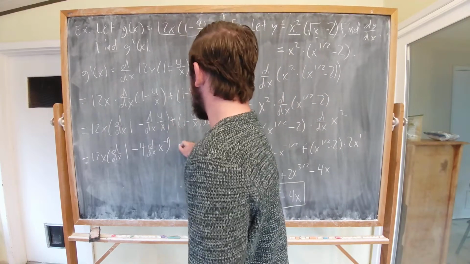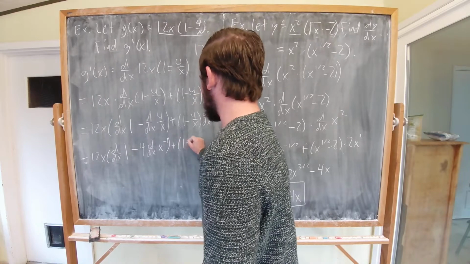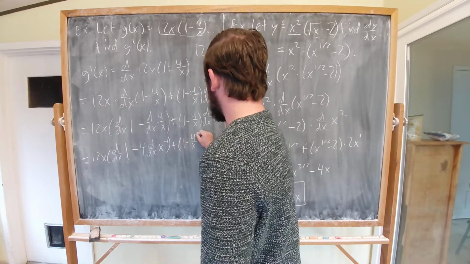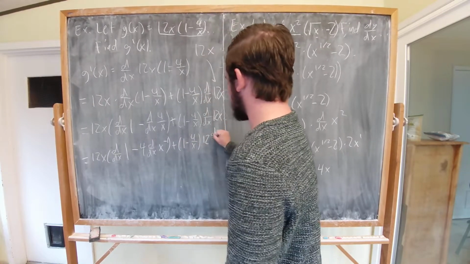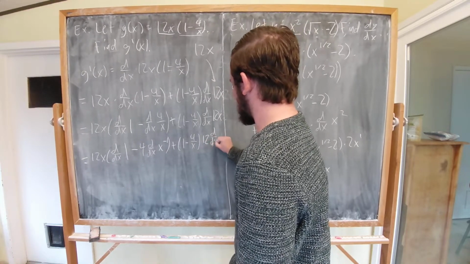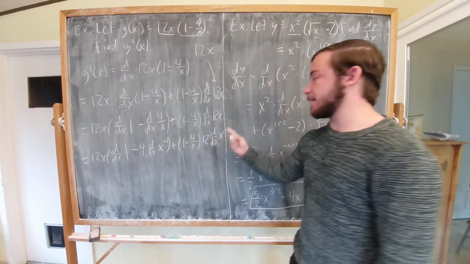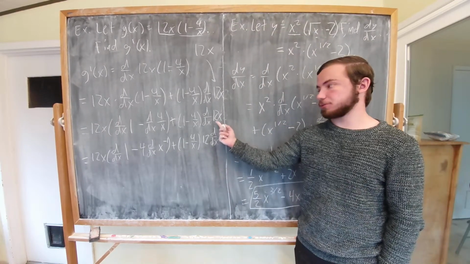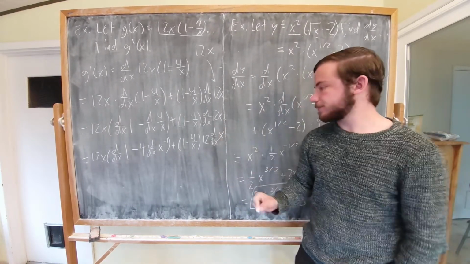Plus 1 minus 4 over x times 12 times the derivative with respect to x of x. And again, that is by the scalar multiple rule. 12 can just get pulled out.